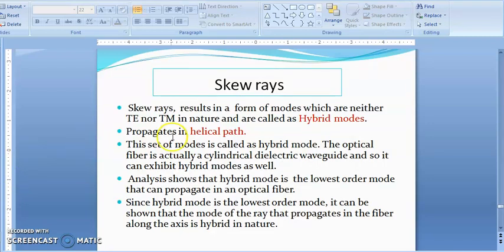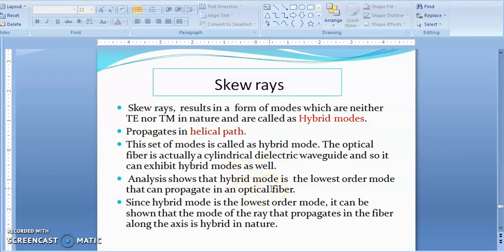So what are skew rays? The rays that propagate in a helical path are called skew rays. This skew ray propagation results in a form of modes that is neither transverse electric nor transverse magnetic in nature. So the name of it is hybrid modes, we see. This is also present inside a dielectric waveguide.